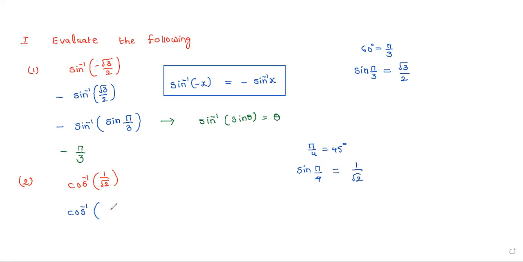So 1 by root 2 is replaced with cos pi by 4. What is the formula? Cos inverse of cos theta is equal to theta. So that is equal to pi by 4. Okay? Write down.